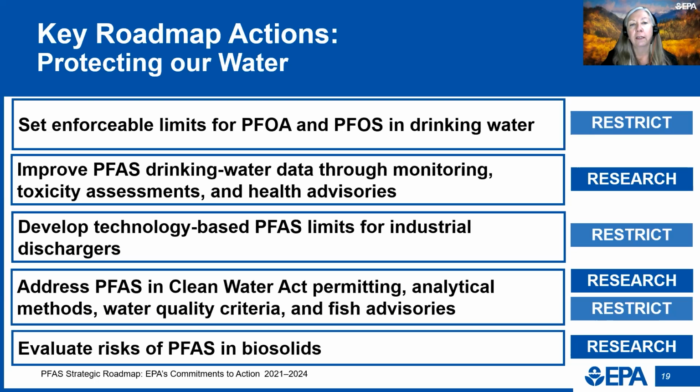We're also working to enhance data availability on PFAS in fish tissue to help states and tribes to set PFAS fish advisories. And finally, as I referenced earlier, we're working to evaluate the risks of PFAS in biosolids. We will be finalizing a risk assessment for PFOA and PFOS that will serve as the basis for determining whether regulation of these chemicals in biosolids is appropriate.